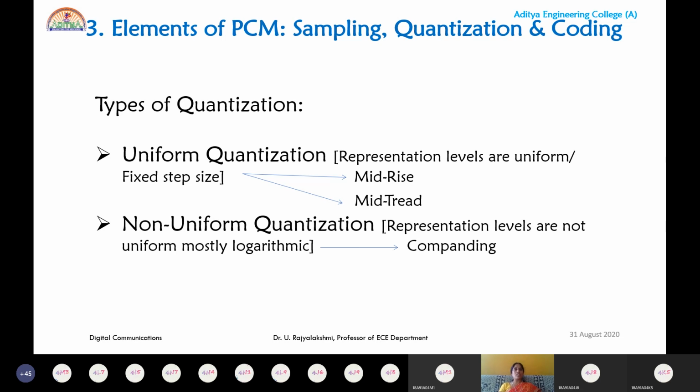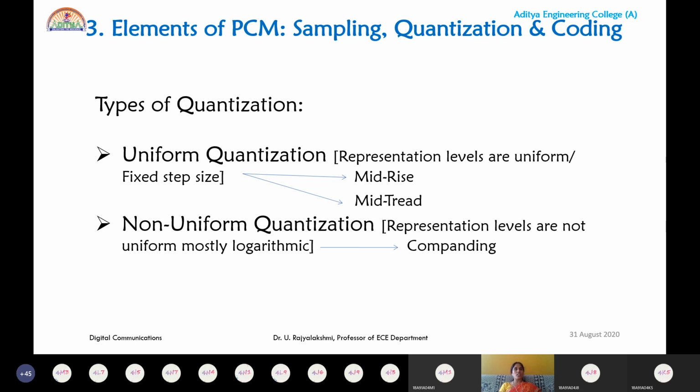That's why the compounding technique is implemented. So what is meant by compounding? It is one of the best examples of non-uniform quantization, where the step size is not constant. It depends on a certain non-uniform principle, mostly the logarithmic rule.